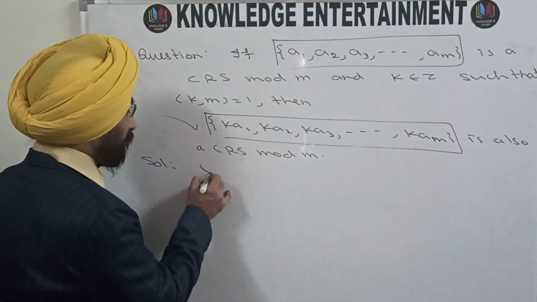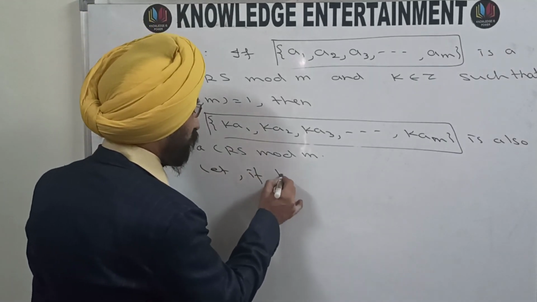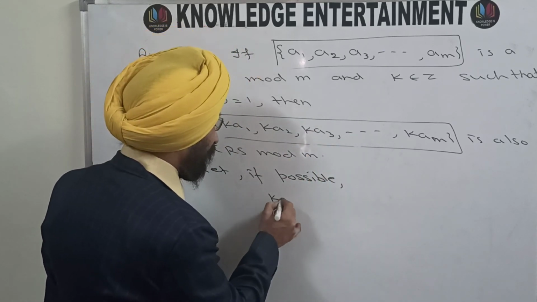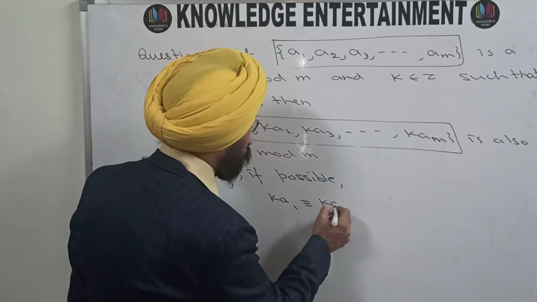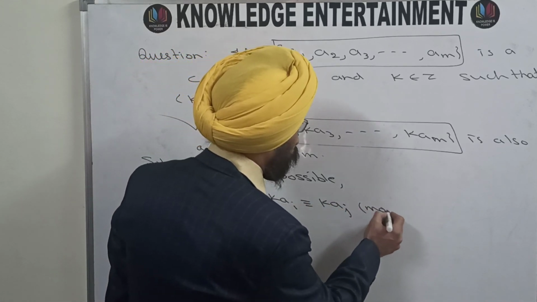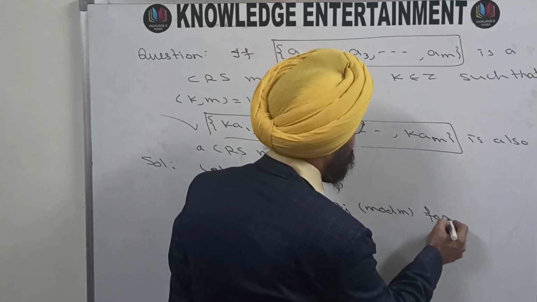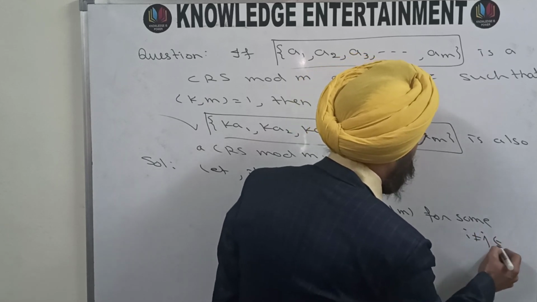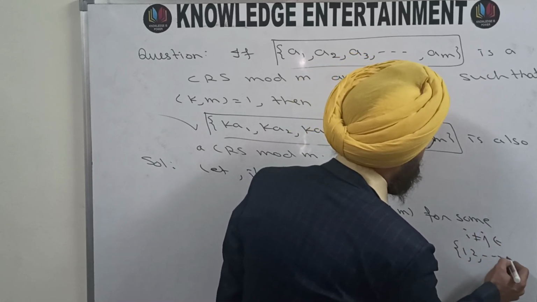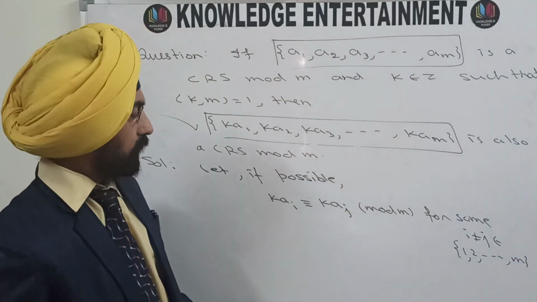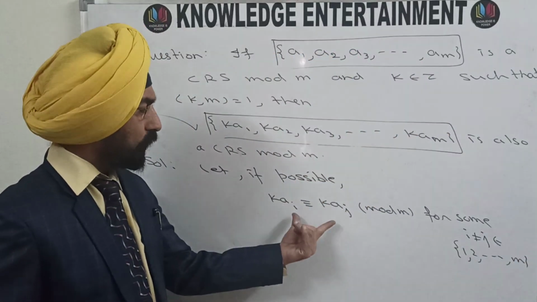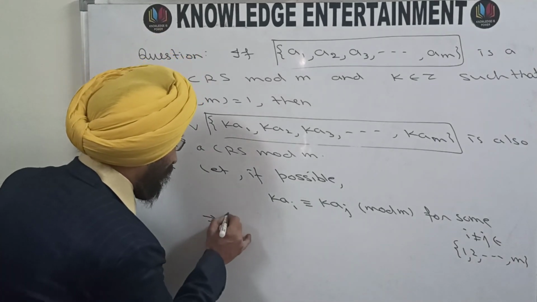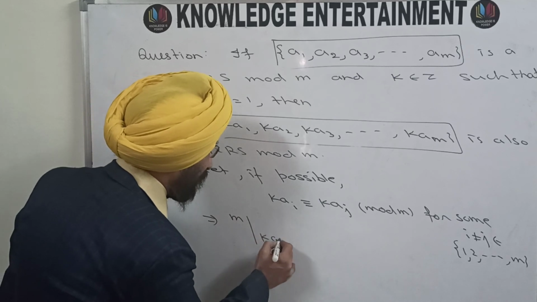So let, if possible, there be two members of this set, KAI congruent to KAJ modulo M, for some I not equal to J, but both belonging to 1, 2, 3 up to M. Suppose two members are congruent to each other modulo M, and this will give you that M divides KAI minus KAJ.